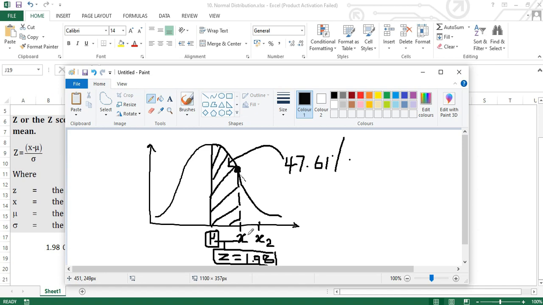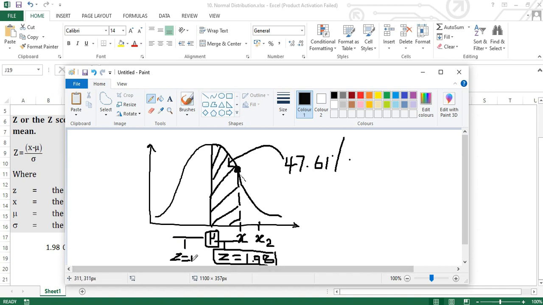Why? Because we assumed that the gap between the x value and the mean is 1.98. So, if we are going this side 1.98, a distance of 1.98. Now I told you the gap between any value and the mean is always z.